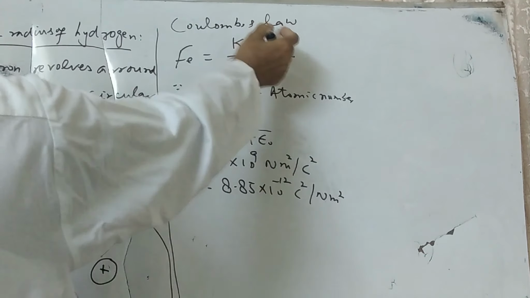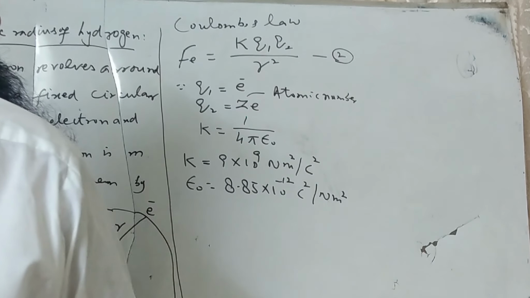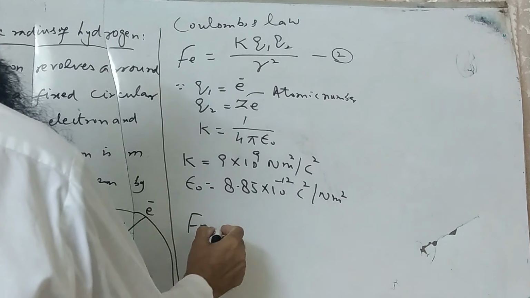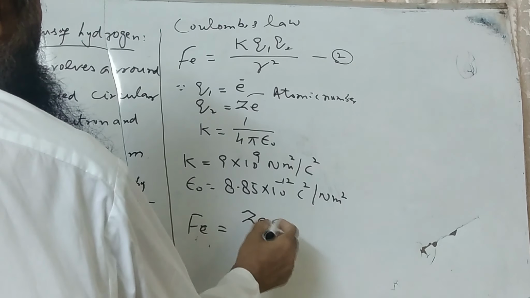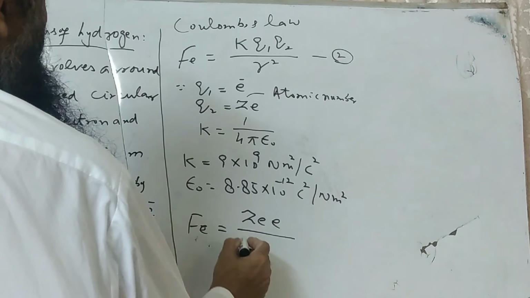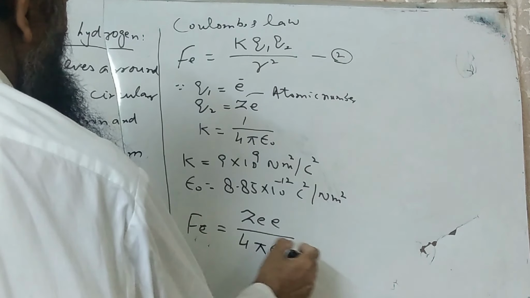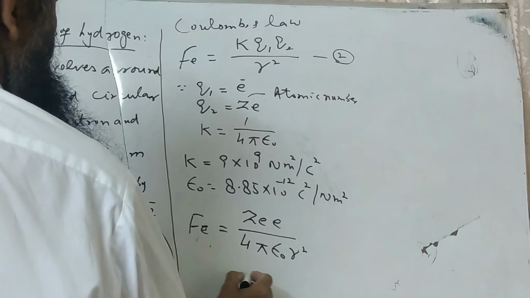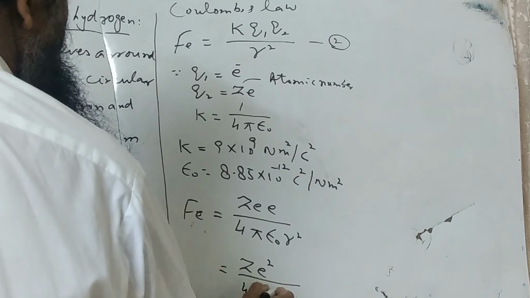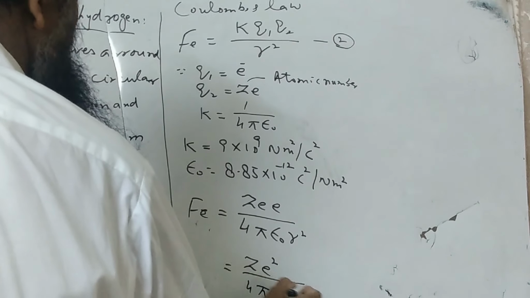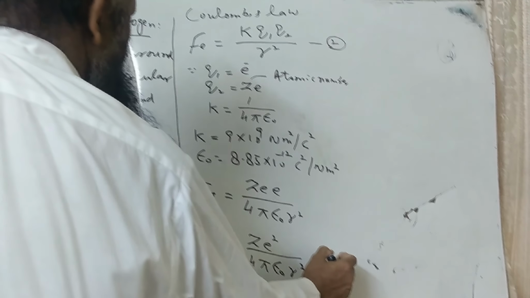By putting these values in equation number 2, we get Fe equal to Ze into e over 4 pi epsilon naught r square, so Ze square over 4 pi epsilon naught r square is equal to Fe. This is equation number 3.